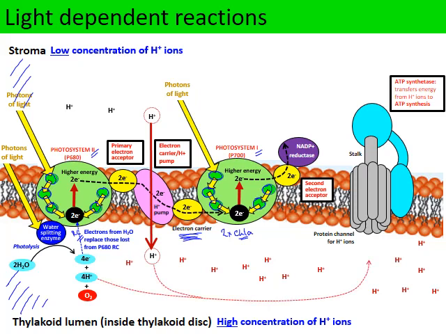the 2 electrons with NADP with also some hydrogen ions to form reduced NADP. So the protons that have been used to build this big electrochemical gradient inside the lumen of the thylakoid disc, they now move down through the stalk particle through a proton channel.